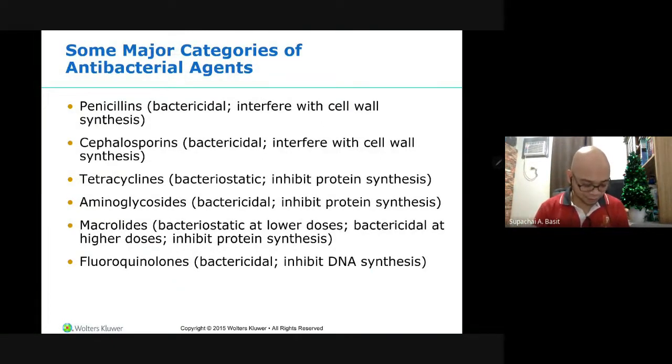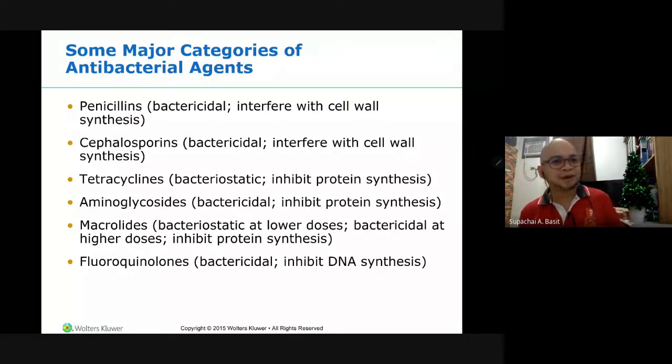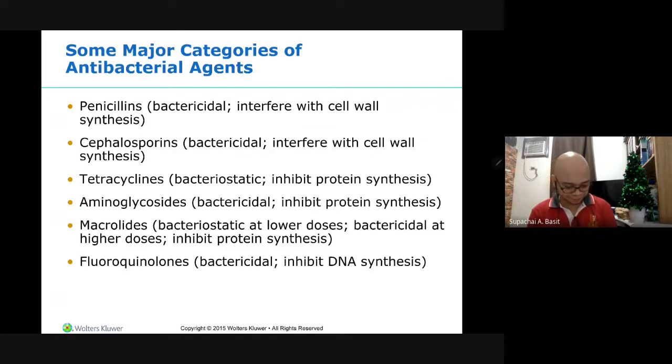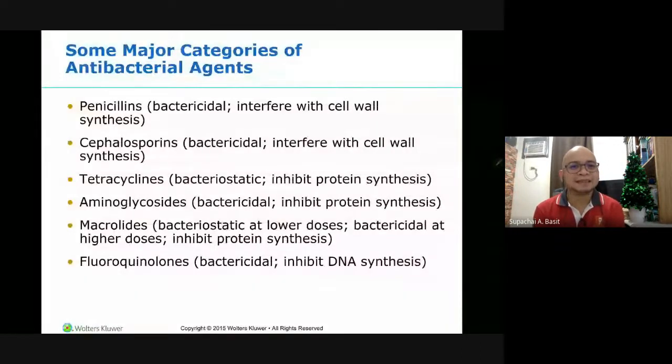Okay, so these are some of the major categories of antibacterial agents. Penicillin is bactericidal.